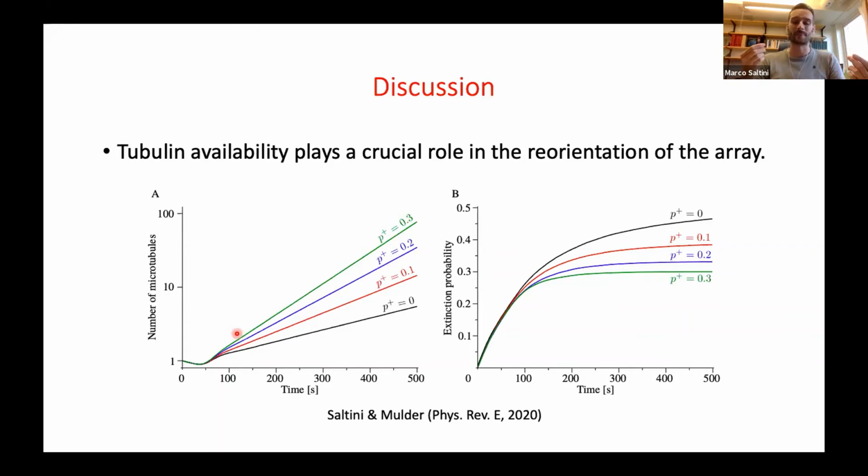So this model, after a short time, basically loses any kind of biological significance. So we cannot really observe reorientation of the cortical array if we think about a system in which we have as much tubulin as we want. Long story short, dynamics needs to be constrained by scarcity of tubulin in order for this mechanism to take place.